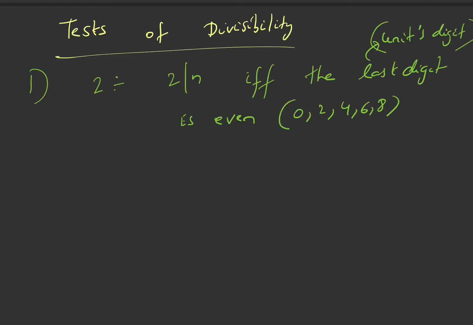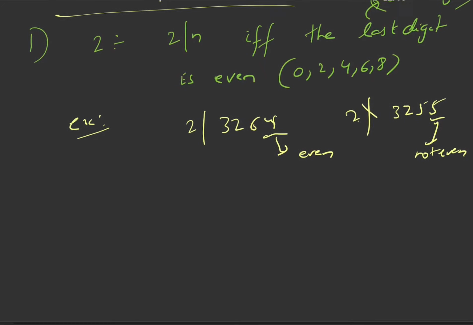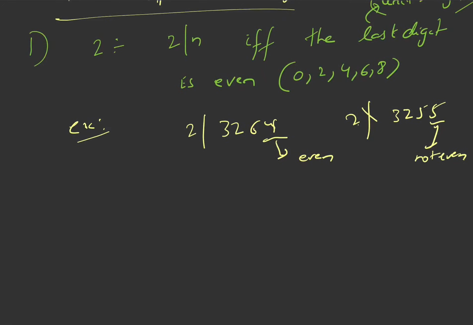So for example, 2 divides 3264 because the last digit is even, and 2 does not divide 3255 because the last digit is not even. So if the last digit is even, then definitely 2 will divide that number, and if the last digit is not even, then 2 will not divide that number.